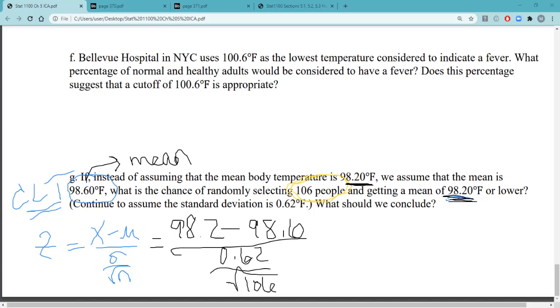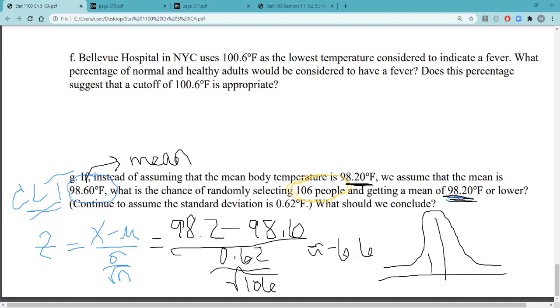So we end up having a z-score of approximately negative 6.6. So now we're way over here, right? I have a z-score of negative 6.60. I don't even necessarily have to go to the table here because I know that the probability is going to be extremely low.